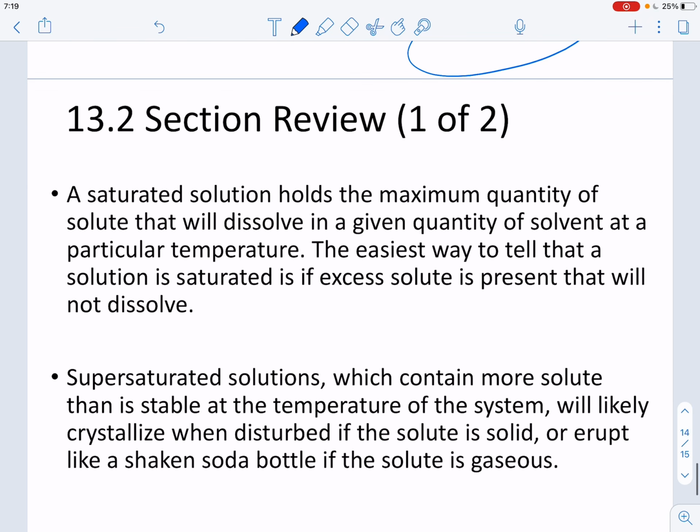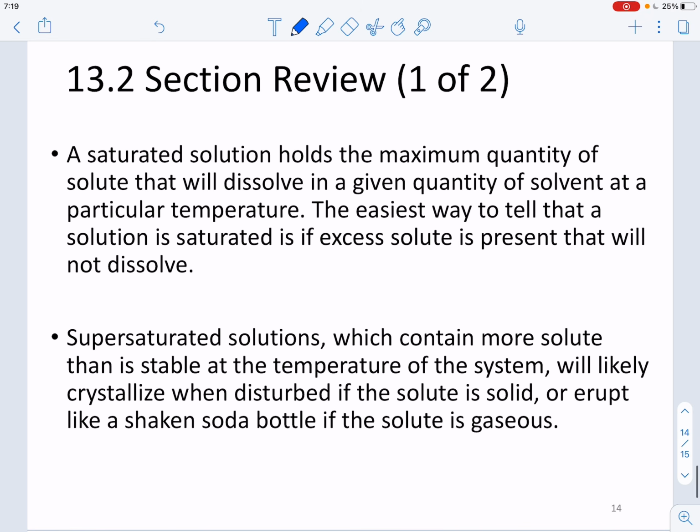So in review, we've been discussing saturated, unsaturated, and supersaturated solutions. A saturated solution is one that has the maximum amount of solute that you can possibly have in a given amount of water. If you add more and it's completely dissolved, you have a supersaturated solution. If you are below that maximum amount, you have an unsaturated solution.